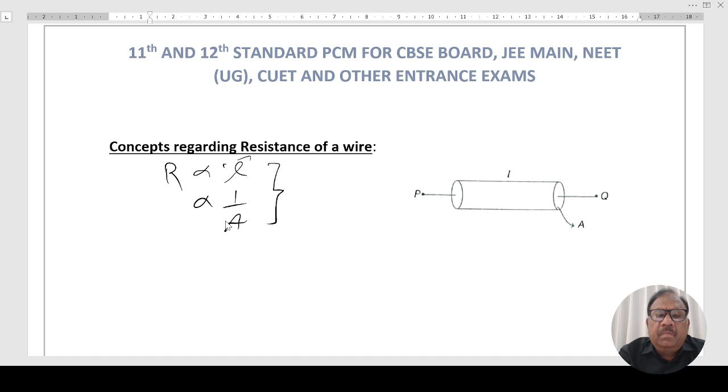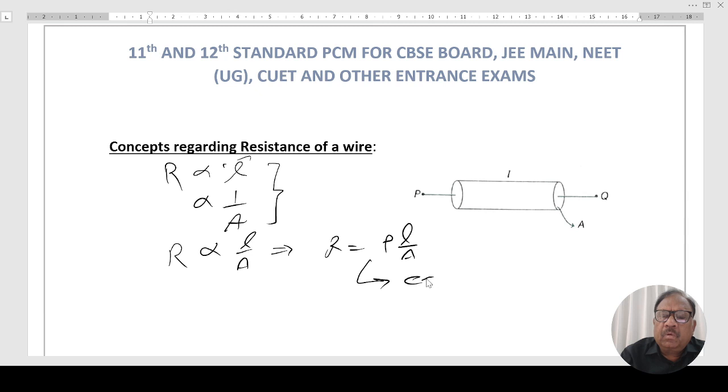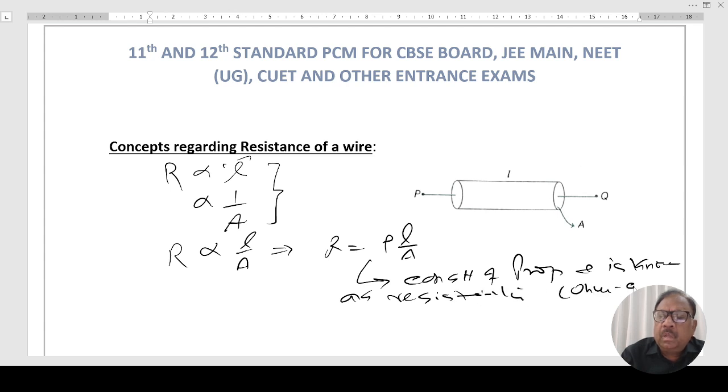If we combine these, R is proportional to L upon A, that is R equal to rho L upon A, where rho is the constant of proportionality and is known as resistivity. Its unit is ohm meter.